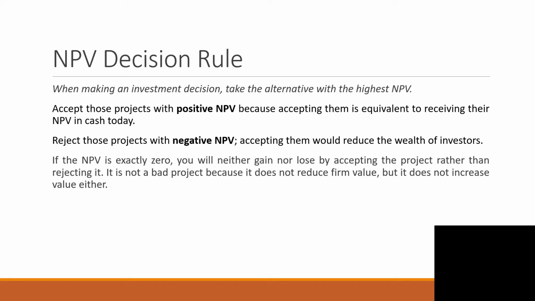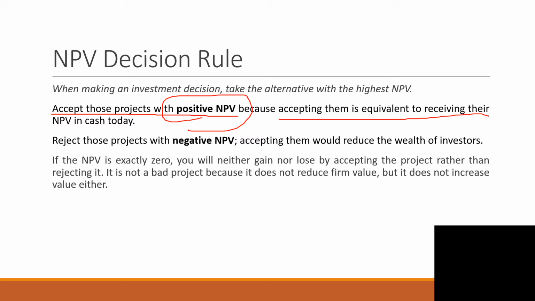The decision rule is what I said already: accept those projects which have positive NPV, because if you accept them, the amount of positive NPV is what you would be receiving as of today. This means the value of the firm will increase by the amount of positive NPV.